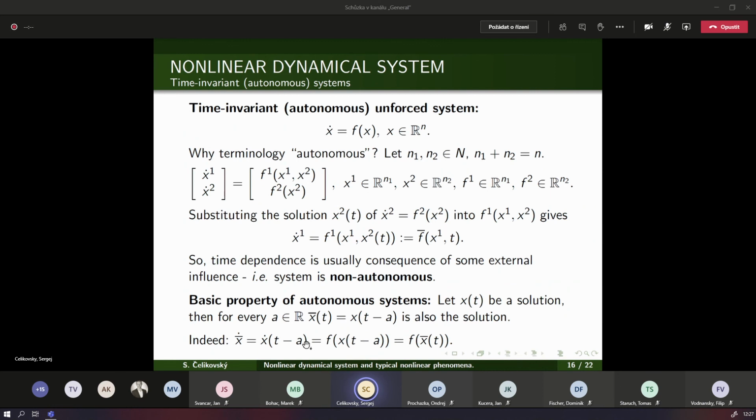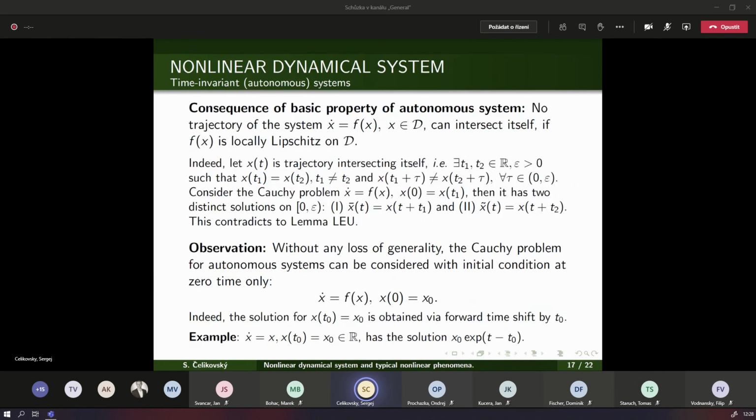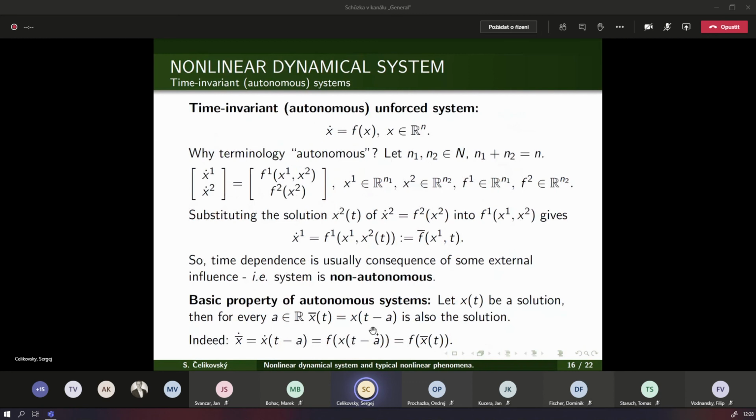The shift doesn't change anything in the differentiation, and you will see that this is equal to this, and this is equal to this. The only thing is that the initial condition is shifted in time. So if this solution at 0 was crossing some x0, then this solution will be crossing x0 at time a.